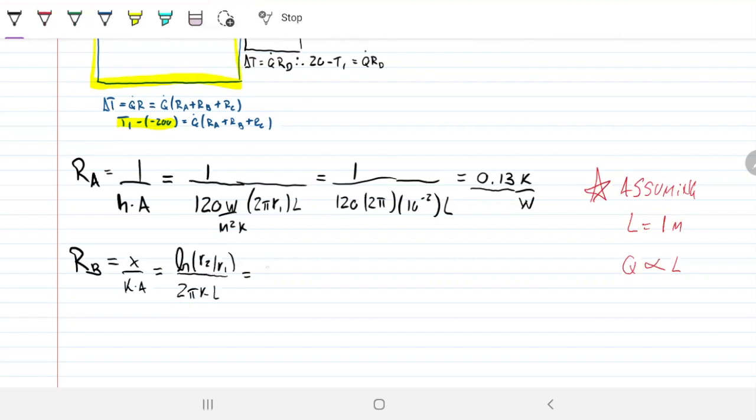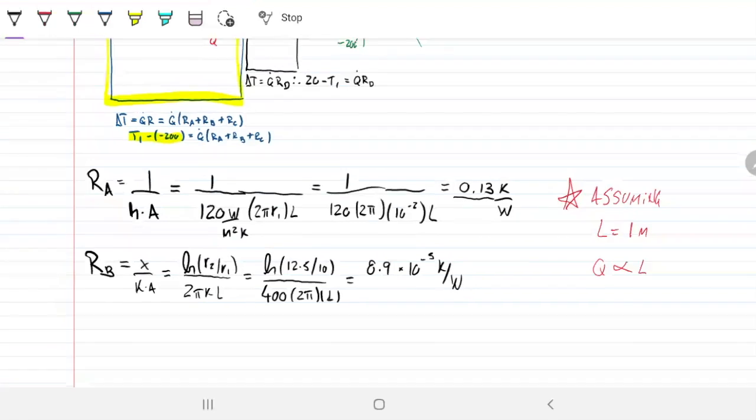We have all those data, so we can just do 12.5 divided by 10 millimeters. I'm doing all in millimeters because same units will cancel each other. Then we have 400 conductivity for copper, and then 2 pi and 1 for our length. And this guy is 8.9 times 10 to the minus 5. So indeed tiny, right? Indeed tiny.